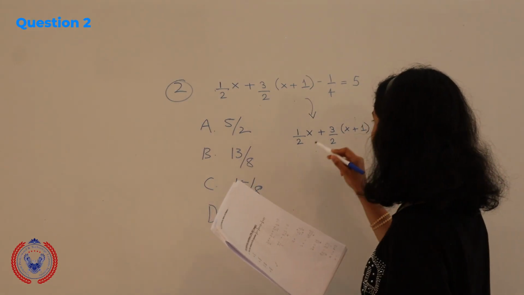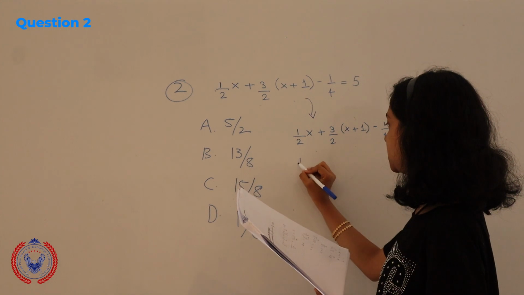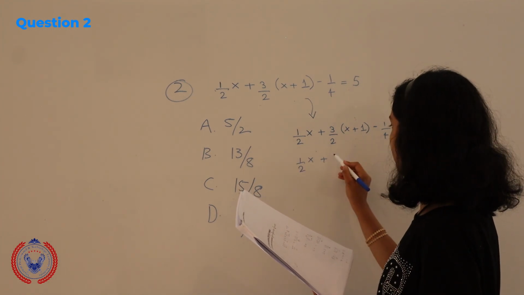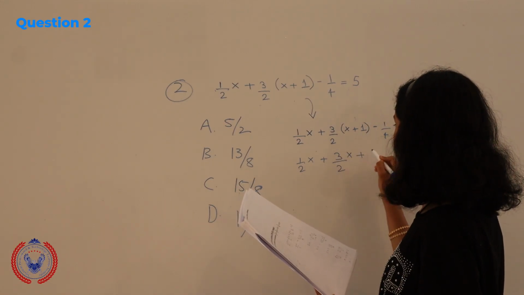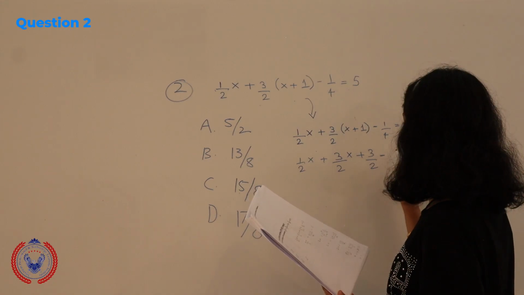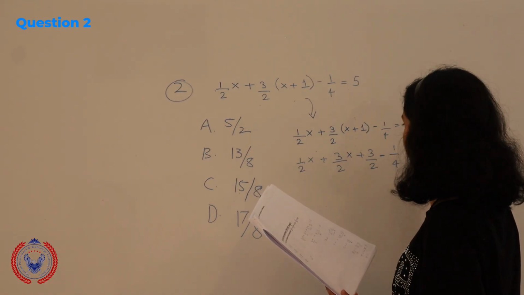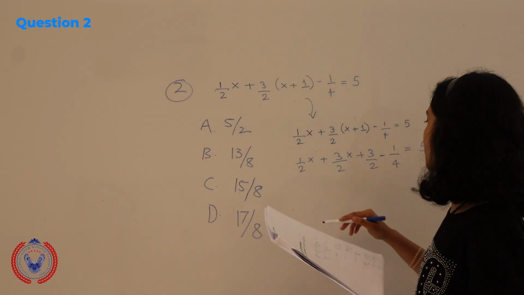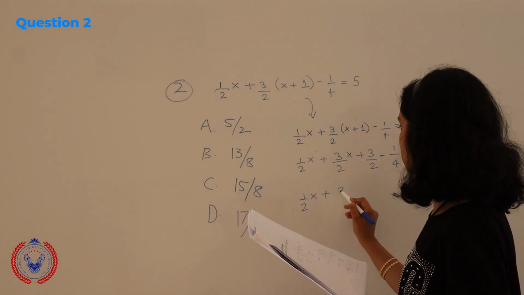Then the first step would be to distribute the 3/2 to the x and the 1. So I will do 1/2 x plus 3/2 x plus 3/2 minus 1/4 equals 5.